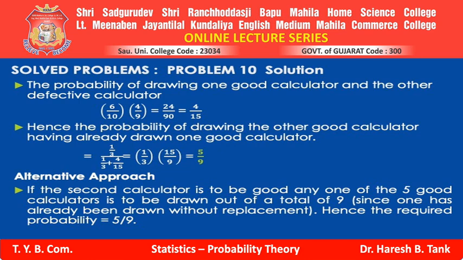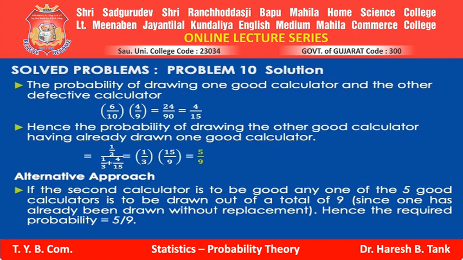If the second calculator is to be good, any one of the 5 good calculators is to be drawn out of the total of 9, since one has already been drawn without replacement, and the required probability is 5 by 9. This can be done orally even. Any one of these two different ways one can address it, and both of them are correct.